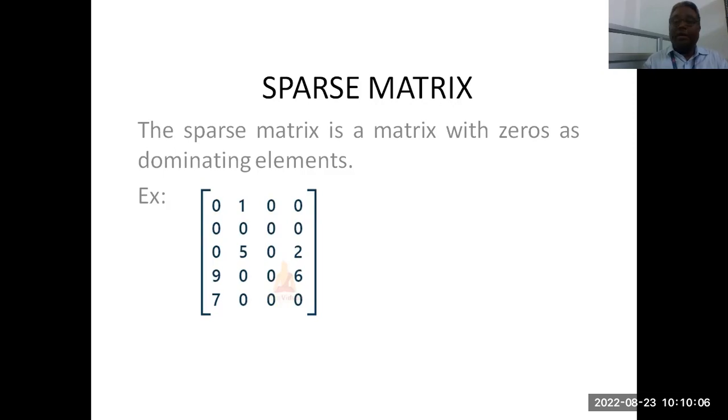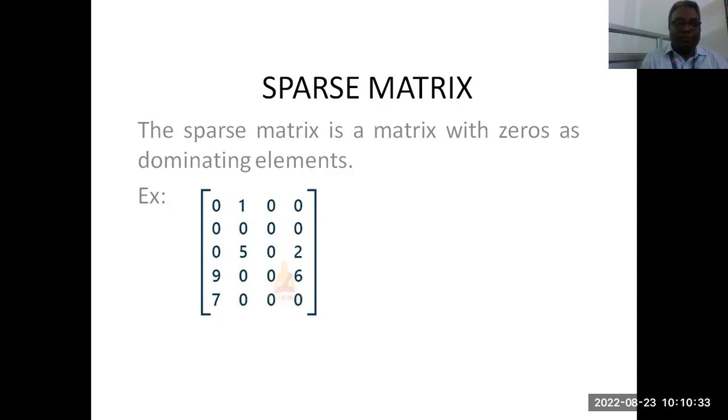Here we have a 5 by 4 matrix. That means we have a total of 20 elements in that matrix. But unfortunately, in this sparse matrix, we have only 6 non-zero elements. Normally the entire matrix, all 20 elements, has to be stored.